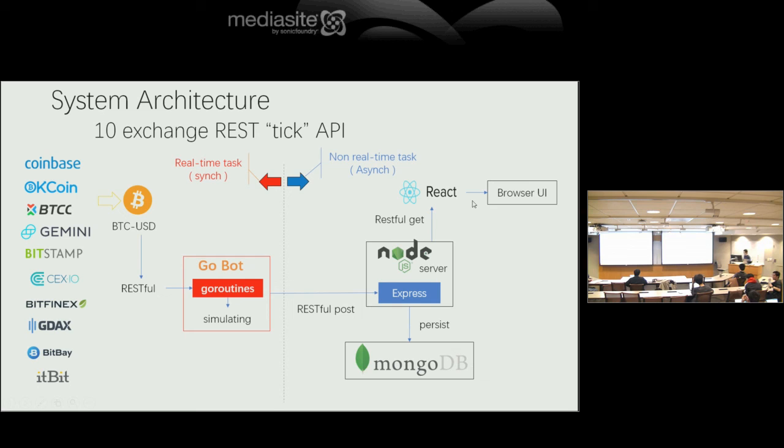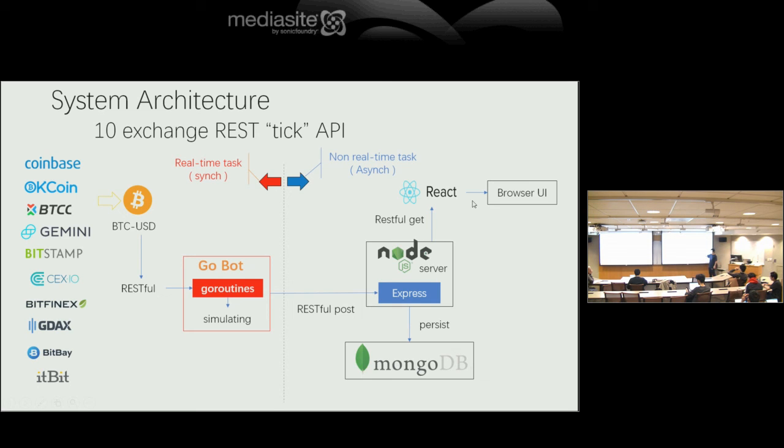Here is my revised architecture. It goes from the left to right. First, the Go bot will collect the data from the Internet REST API, and then it will post this data to the Node.js server.